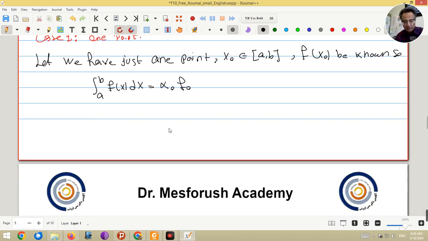Okay, but this formula is accurate of order 0.